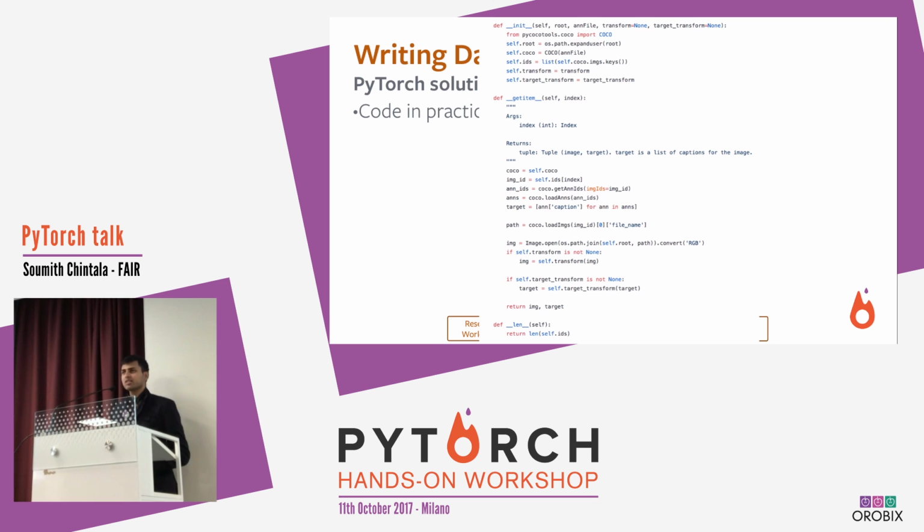That index is just which sample in your dataset you want to load. So you define a __getitem__ with some index, and inside it you can write some Python code on how to load that particular sample from your dataset and return it.